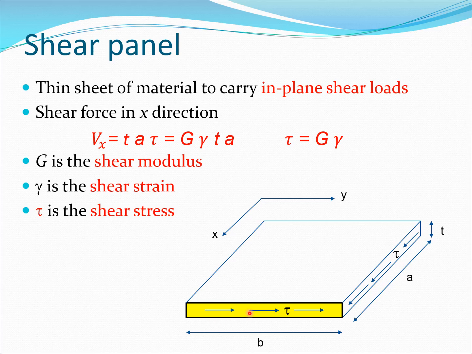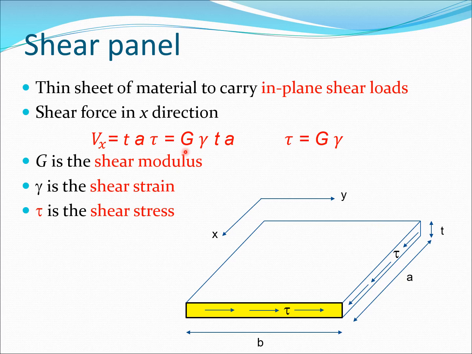So what happens here is that these stresses tau are generated on this sheet of material, and these are known as the shear stresses. So in this case the shear force is given as Vx is T into A tau. So you can clearly see here in this particular side, T into A is the cross section, and when we multiply it by the shear stress, we get the force or the shear force in this direction.